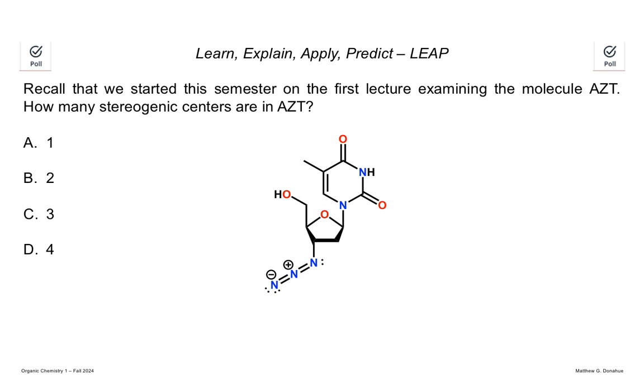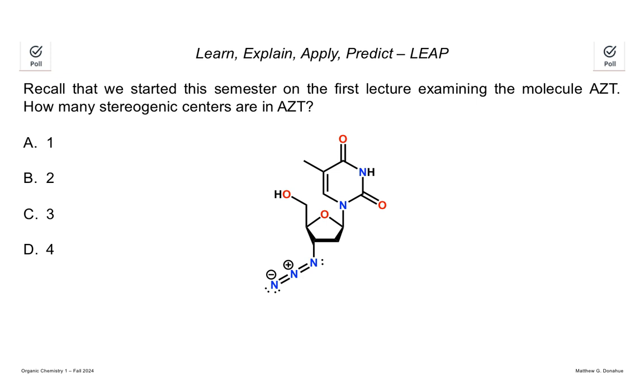So as a preview for Wednesday, here is that molecule AZT, which we started off the course with. So looking at that molecule, you do your test of each carbon atom. Does it have 4 substituents?